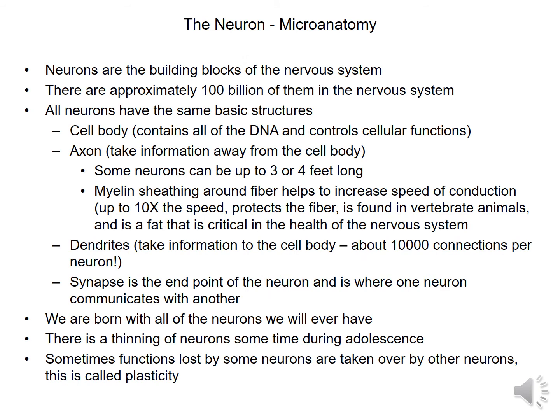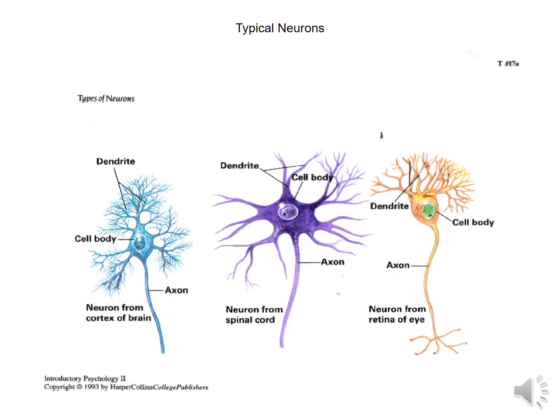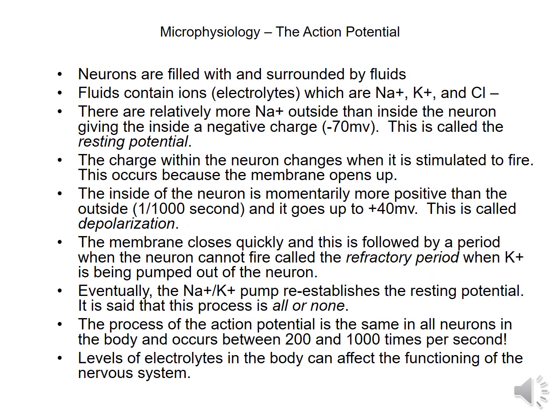We talked about the microanatomy of neurons. We talked about the basic structure of neurons. We talked about how they're colored by using stains. And we talked about the microphysiology, the action potential.